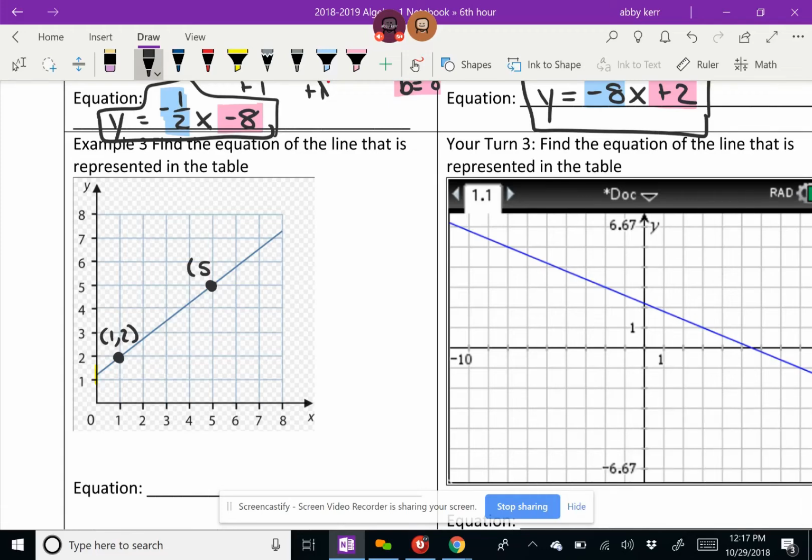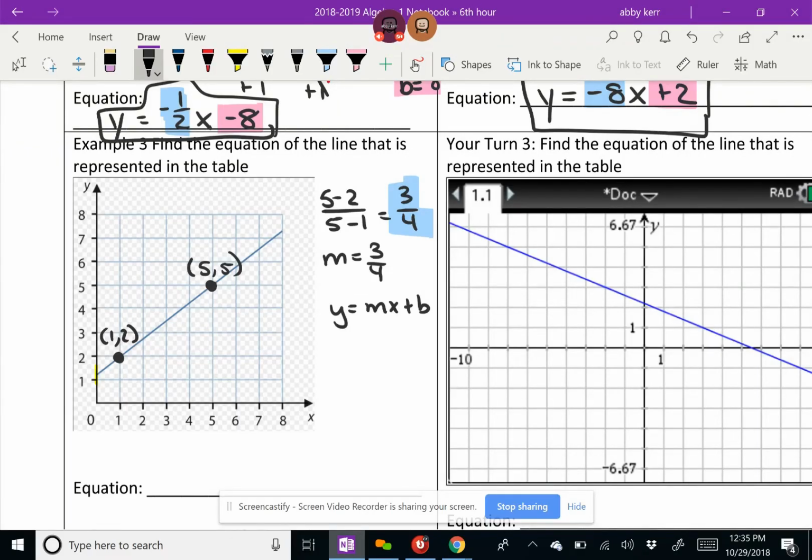This is 5, 5. So then we do 5 minus 2, and then 5 minus 1, which will get you 3 over 4. Now 3 over 4 does not simplify. So that is our m value. Y equals mx plus b.